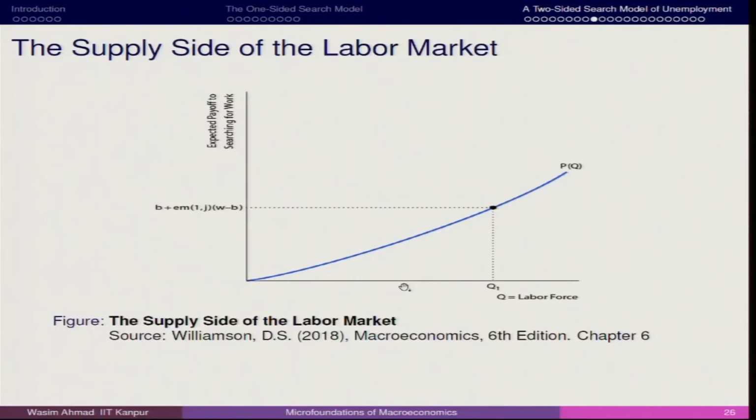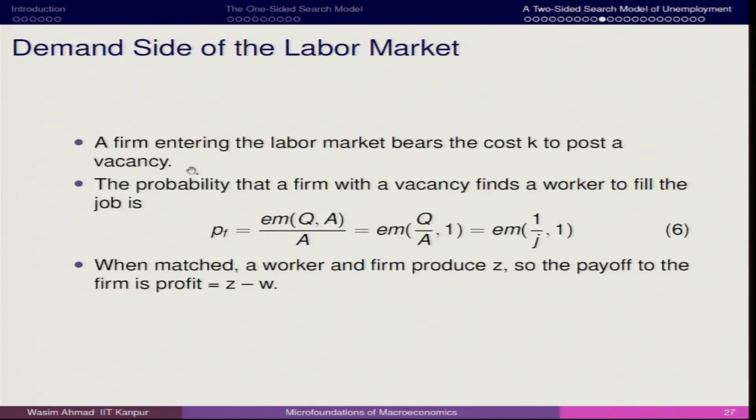So, this is how we are working. You can think about this as the labor supply that we have, and this is how we are arriving at the labor force, and the expected payoff which we get is B plus E m 1 j multiplied by W minus B. So, this is the equation that it mentions.